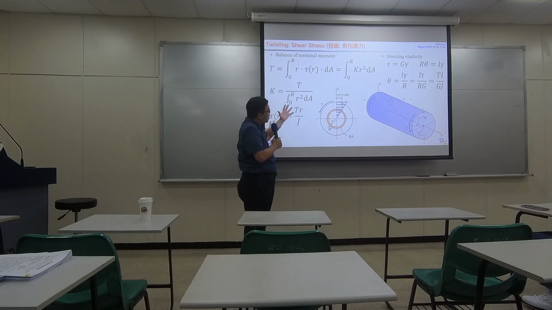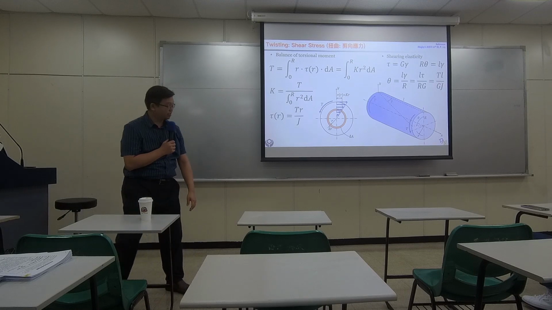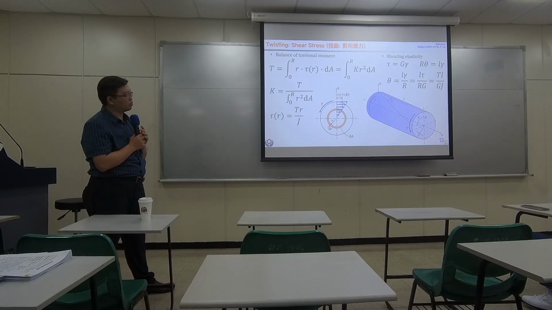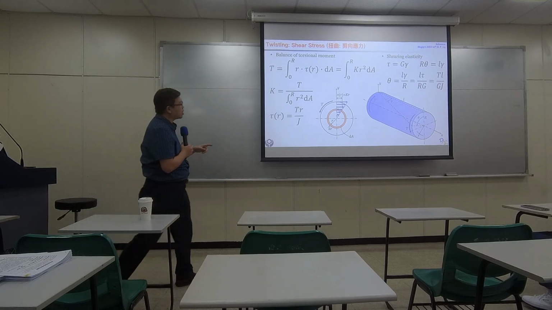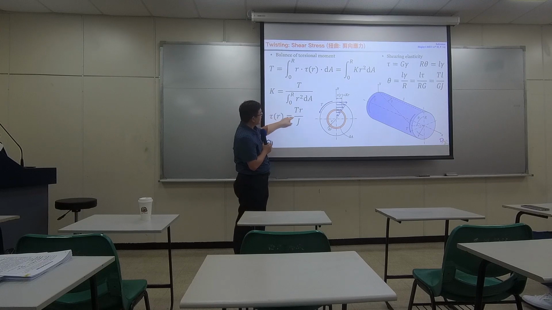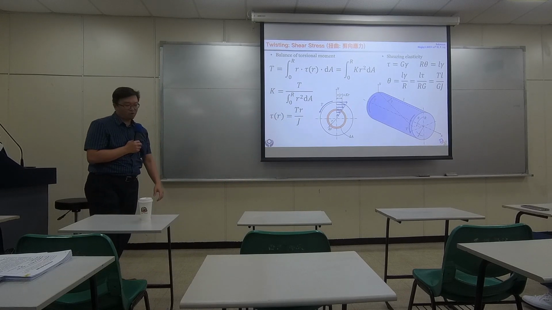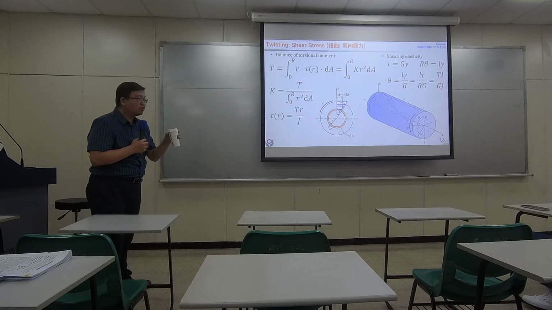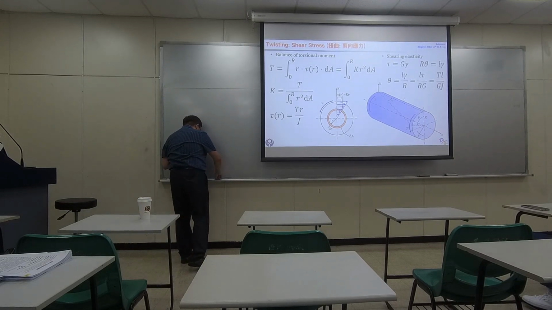So we are now working with polar coordinates. It's a different way to compute the area moment of inertia. So we call this J instead of I. It's the polar area moment of inertia, and you can also check your textbook to compute it.